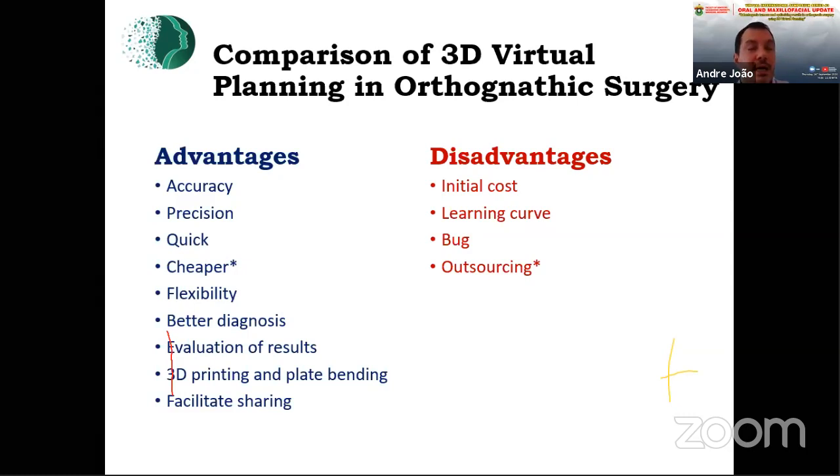I know maybe experienced surgeons can do it very easily, but especially younger surgeons sometimes don't have this experience to understand that there's something that's not good, and they receive this case already planned, and they will end up with a limited result.